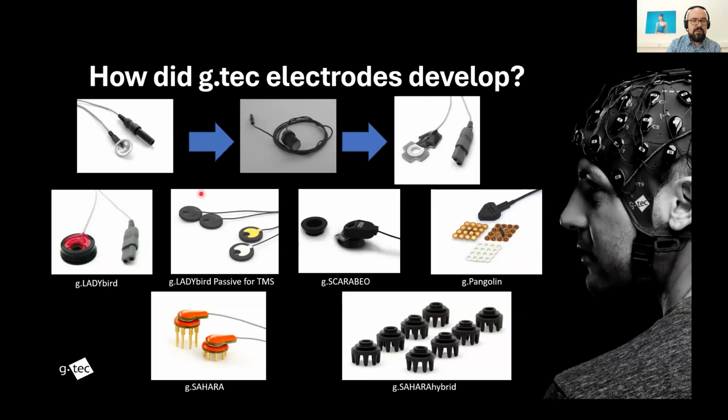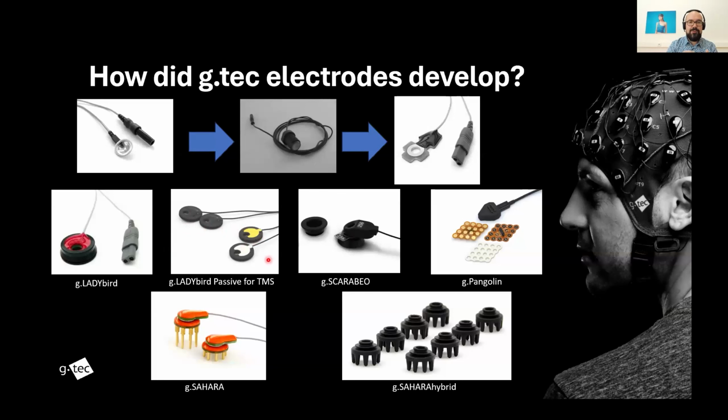Then we just released last year the g.LADYbird passive for TMS. So these are the flattest EEG electrodes in the market. These are typically used for TMS recordings, for both passive and active. So you will be able to see these recordings in the lecture in the next days.